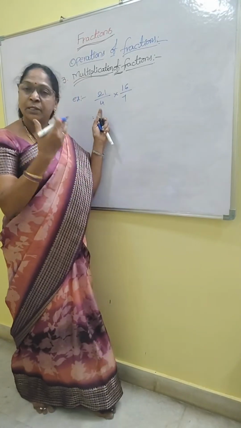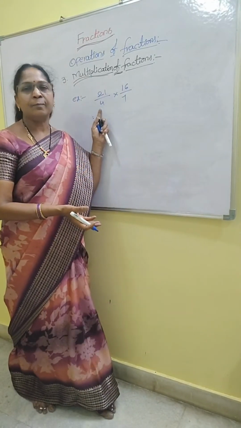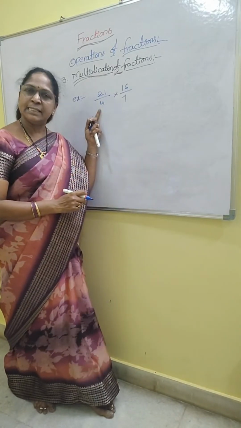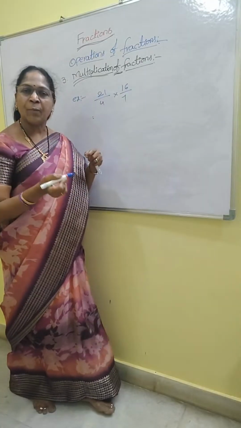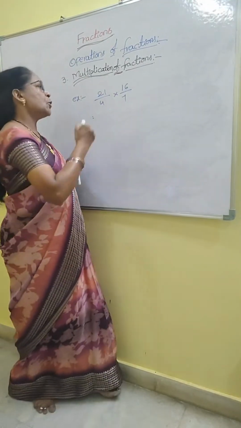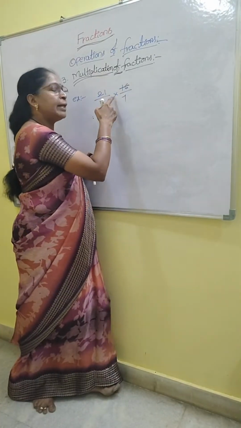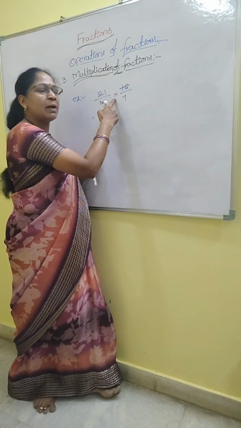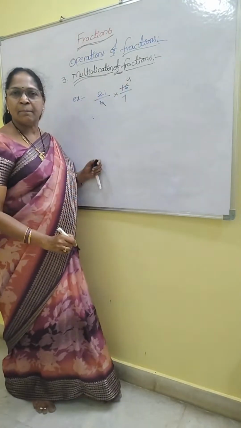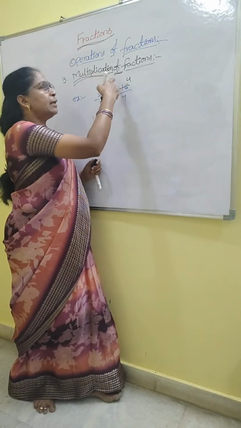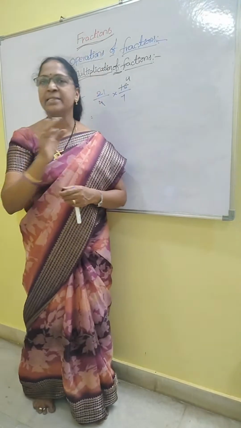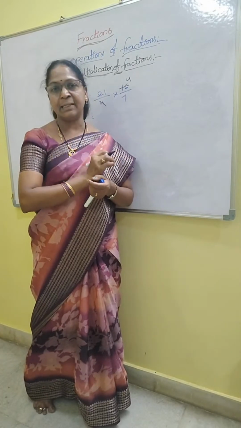Does 4 go in 21? No. What about 16? Yes. 4 goes in 16 how many times? 4 4s are 16. So you can check any other number whenever multiplication is there between these two numbers. That is the basic thing.